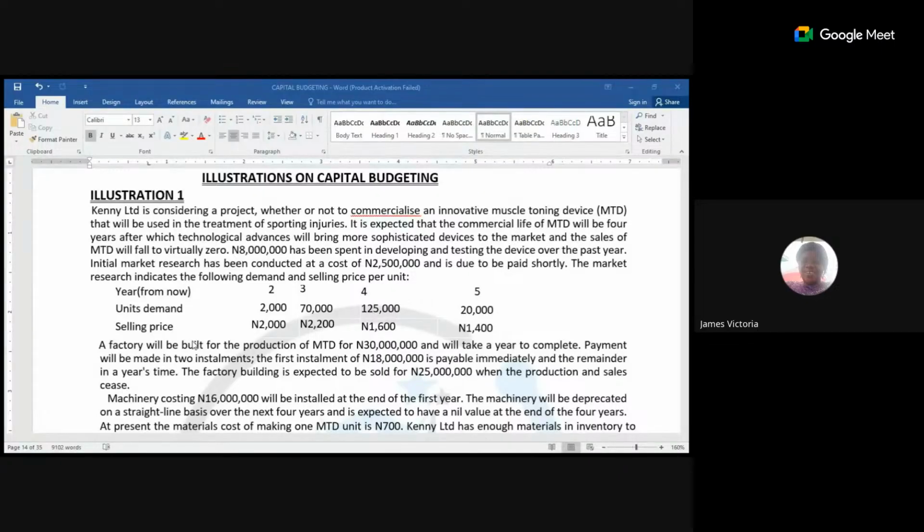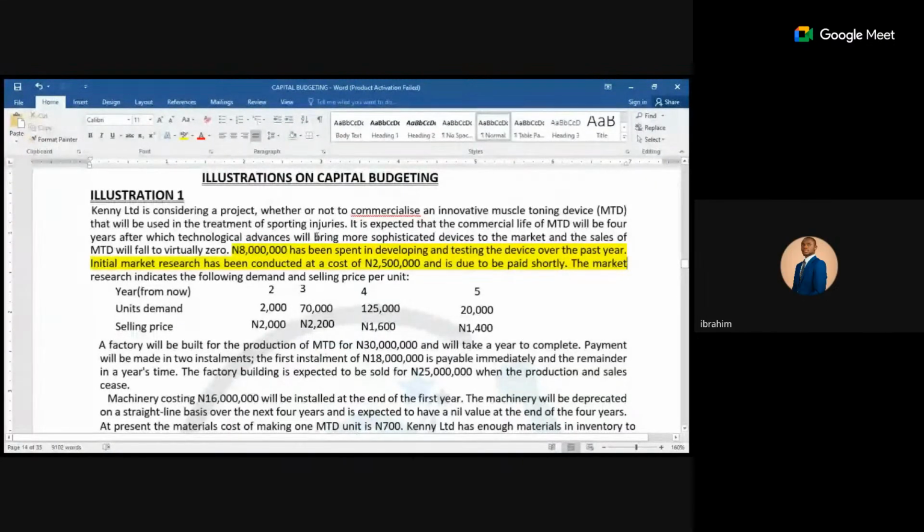It is expected that the commercial life of MTD will be 4 years, after which technological advances will bring more sophisticated devices to the market and the sales of MTD will fall to virtually zero. 8 million has been spent in developing and testing the device over the past year.